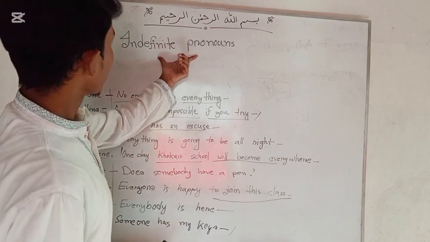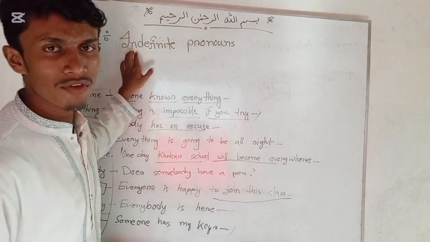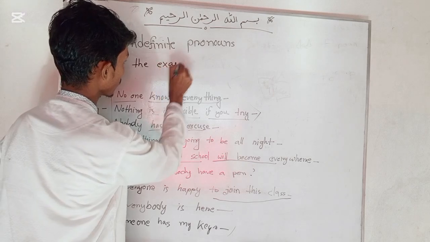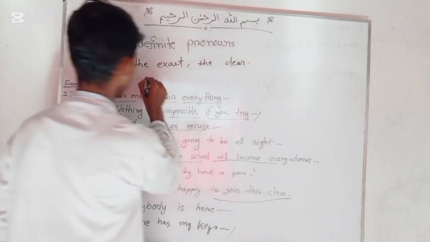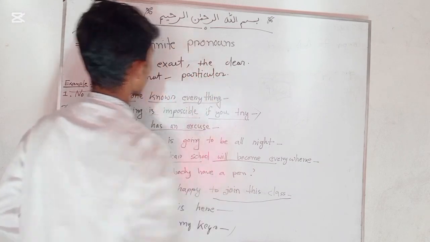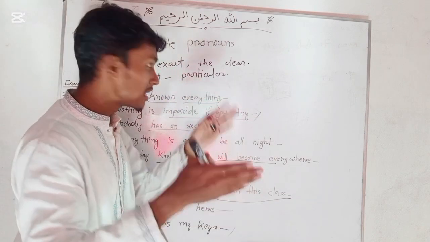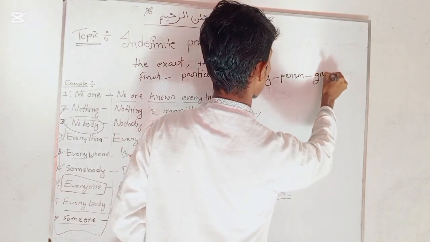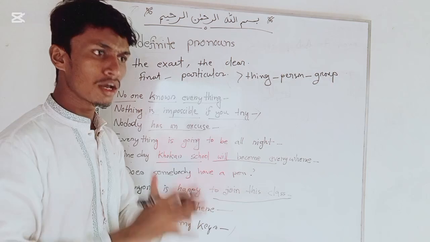Indefinite pronouns. The term is divided into two words: indefinite and pronouns. What is the meaning of indefinite? First, definite. Definite means the exact, the clear, the final, the particular thing, person or group. And indefinite means not clear, not exact, not final, not particular thing, person or group.